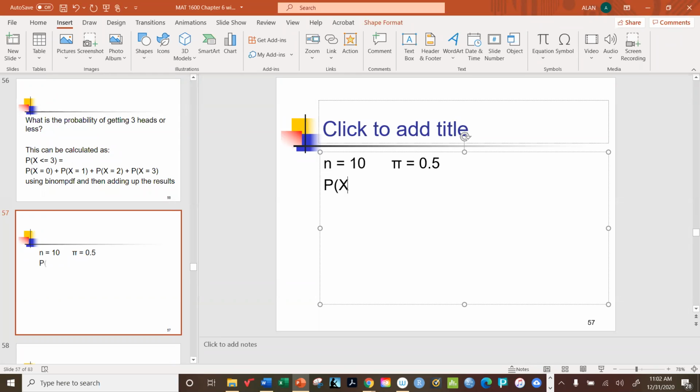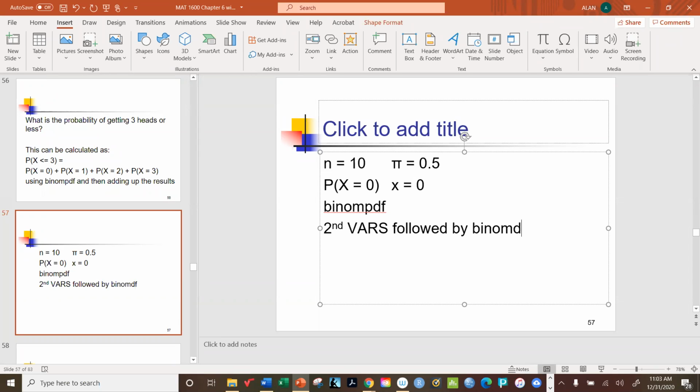Now for the probability that x equals 0, you would have Binom PDF. On the TI-84, you go to second VARS, followed by Binom PDF, and then hit enter.